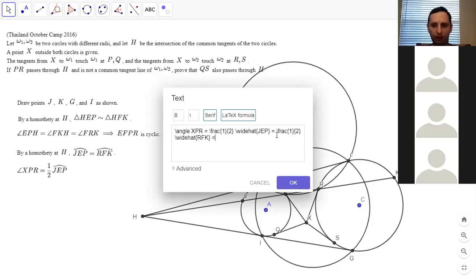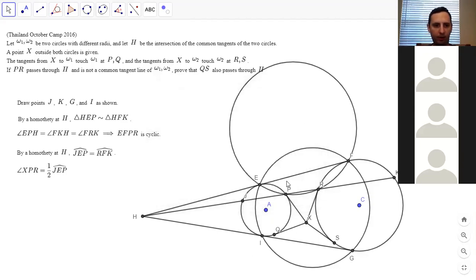And that is XRP. And so that means that XP equals XR equals XS is equal to XQ.